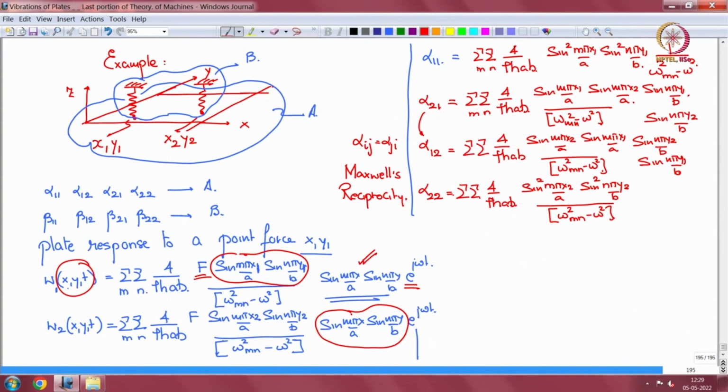Okay, that is with respect to system A, which is the plate.